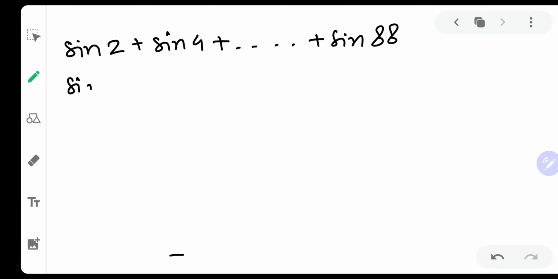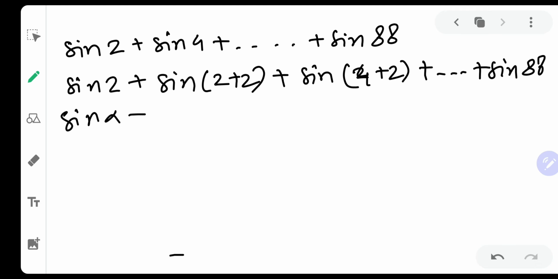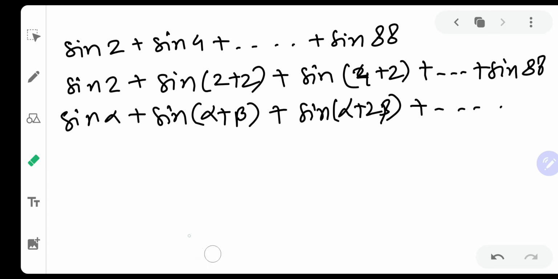You can write this down as sine of 2 plus sine of 2 plus 2 plus sine of 4 plus 2 and so on up to sine of 88. As you can see, this resembles sine of alpha plus sine of alpha plus beta plus sine of alpha plus 2 beta and so on. So this is a sine AP series.